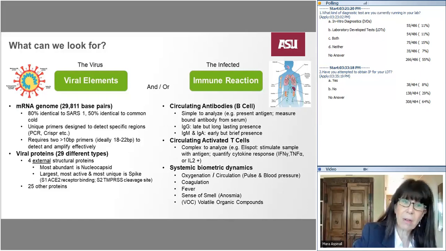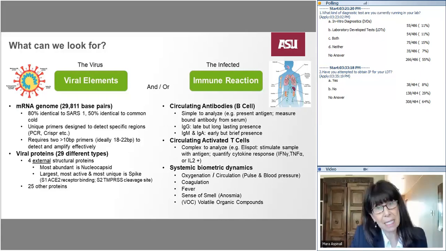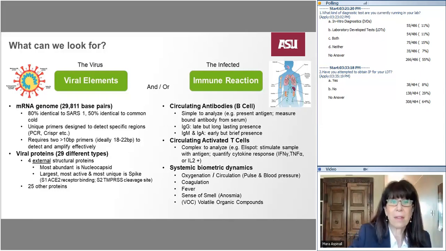You know the virus, it's the mRNA genome or the viral proteins. These are the PCR tests, and these are the antigen tests. And it's all about the external structures for the antigen tests. When we're looking at the infected, not whether somebody is infectious with the viral elements, this does get more complicated.